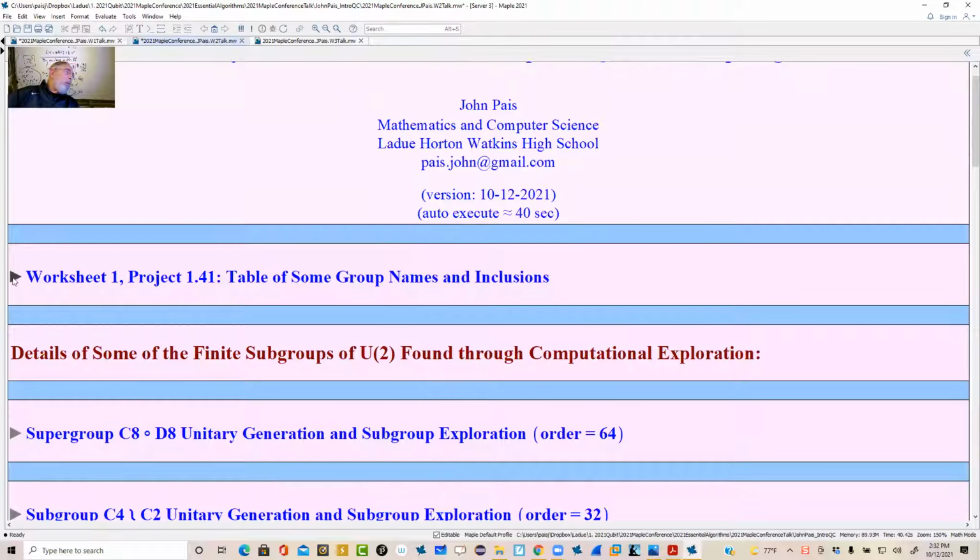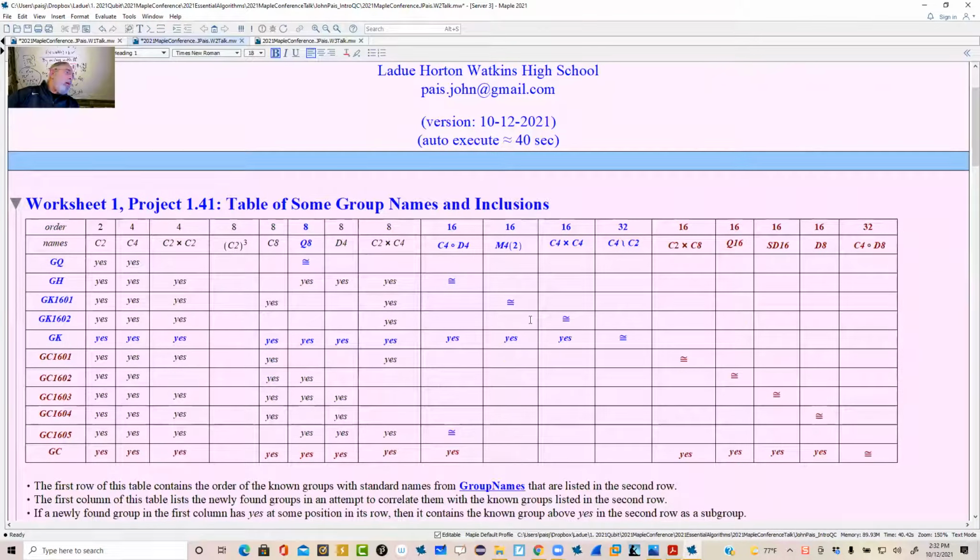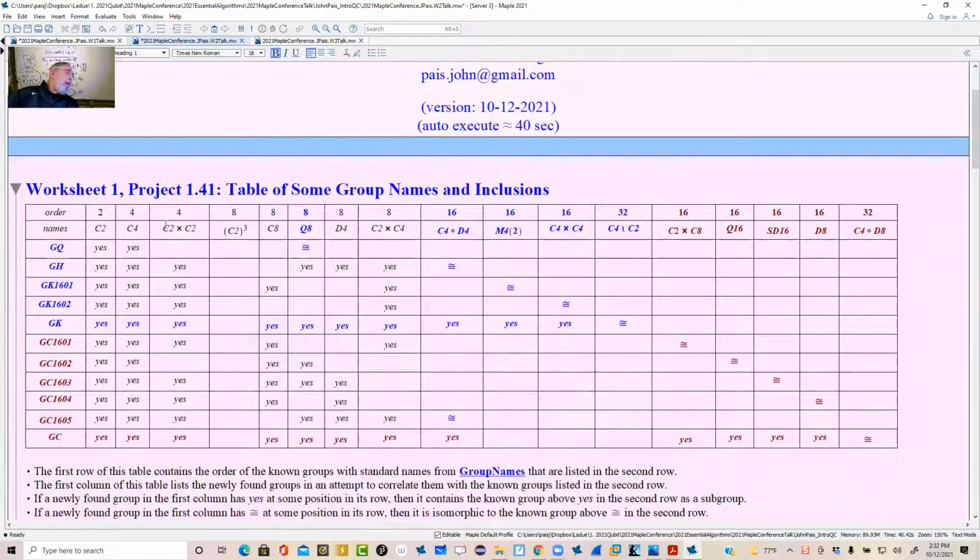And so in the exploration that I did, all the names in this column right here on the left are all the unknown groups to me. And over here I correlated those using the group names website with the ones in this row right here, and I was able to identify what they are.